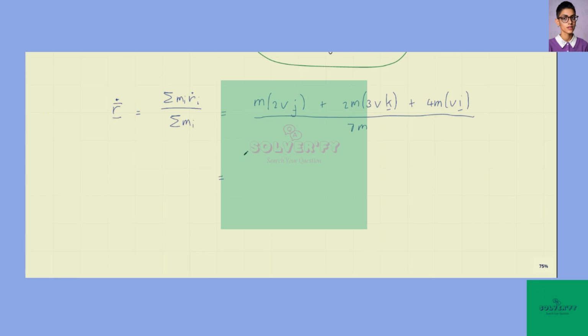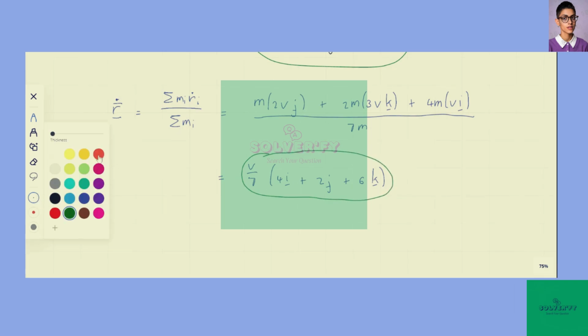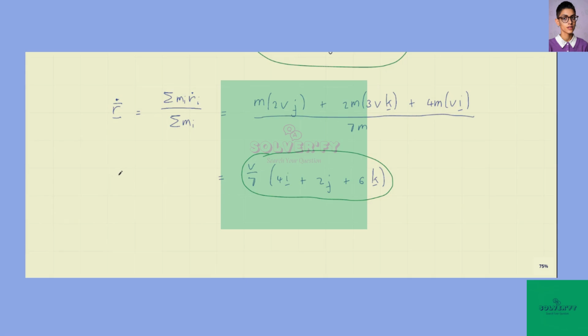And so calculating, this becomes v over 7 into 4i plus 2j plus 6k. So this is essentially the velocity of the mass center of the system. And that's the first derivative of the mass center with respect to time, which is the velocity of the mass center of the system.